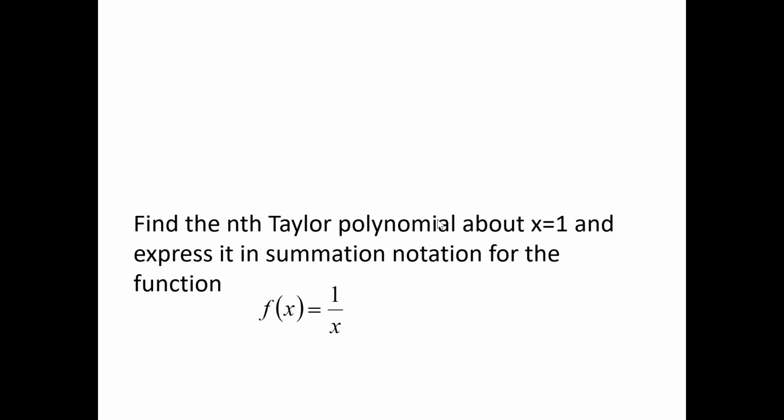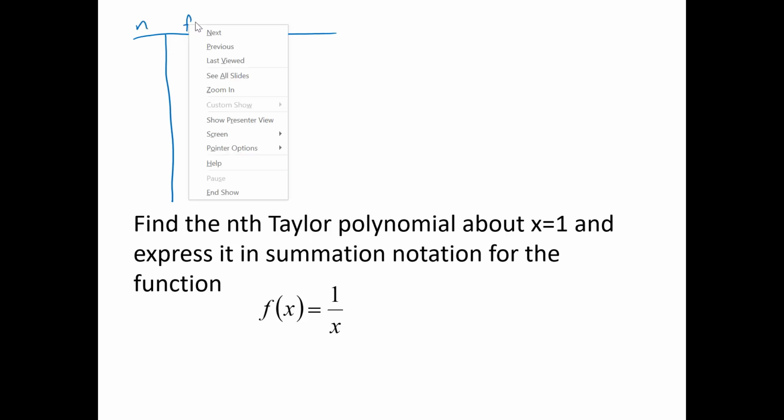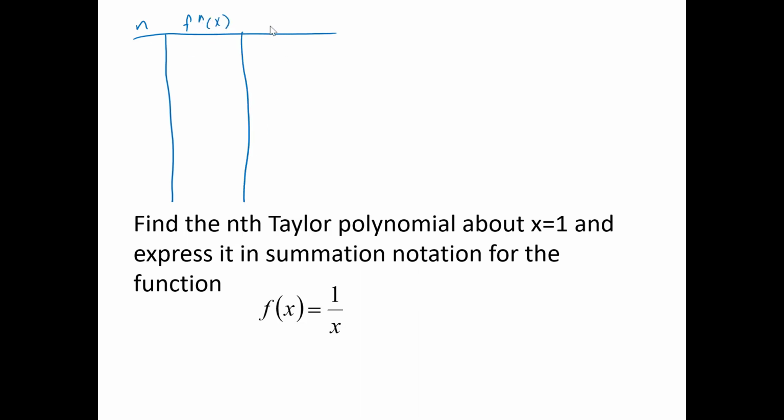Find the nth Taylor polynomial about x equals 1 and express it in summation notation for the function f of x equals 1 over x. So here we have n, Fn of x, Fn of 1.